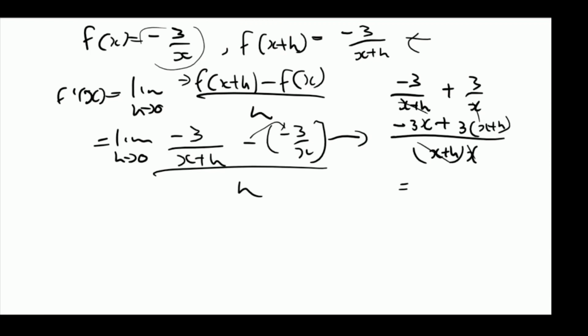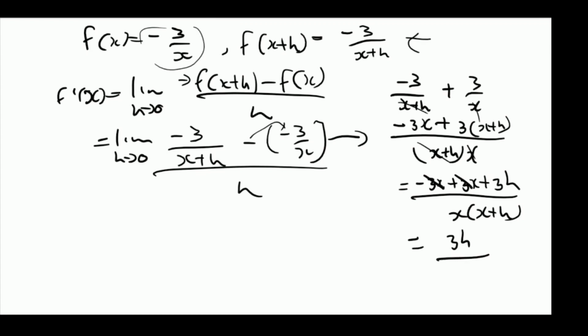So if we simplify further, it's going to be minus 3x plus 3x plus 3h over x into x plus h. So this minus 3x and this 3x are going to cancel out, so you're going to have 3h over x into x plus h, right?